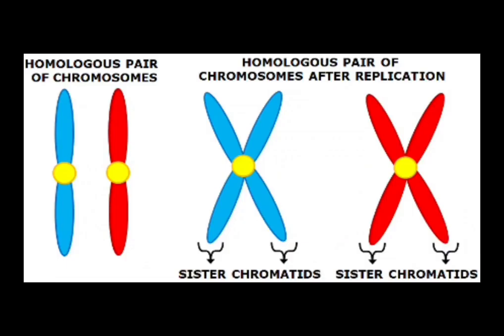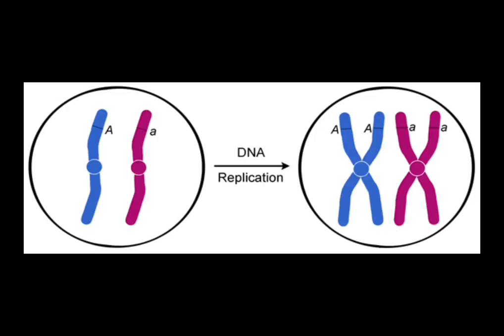During interphase, each of these chromosomes is replicated or doubled into 2 chromatids, and these 2 chromatids are referred to as sister chromatids. Sister chromatids are joined together at a point known as the centromere. We said a homologous pair of chromosomes consists of 2 chromosomes. So after interphase, the homologous pair will now consist of 4 chromatids, because each of the chromosomes has been divided into 2 chromatids.